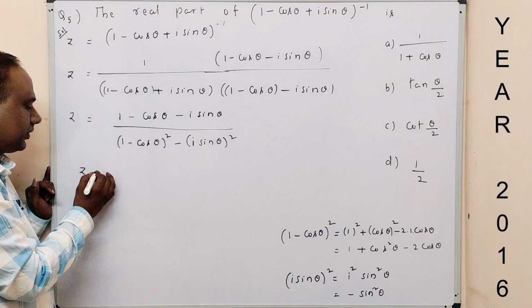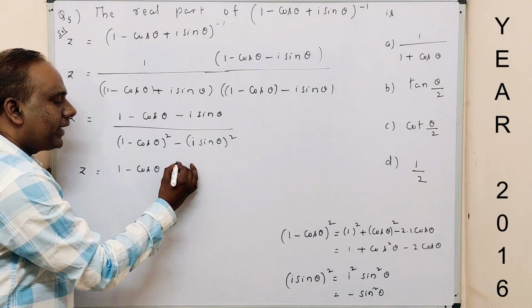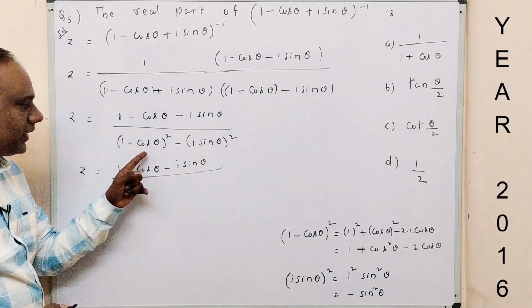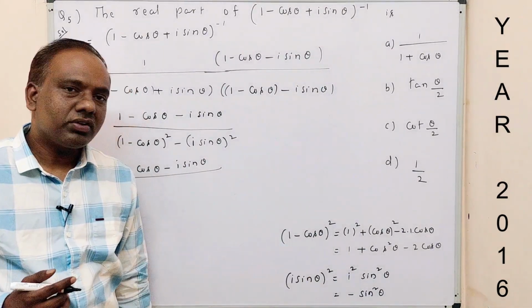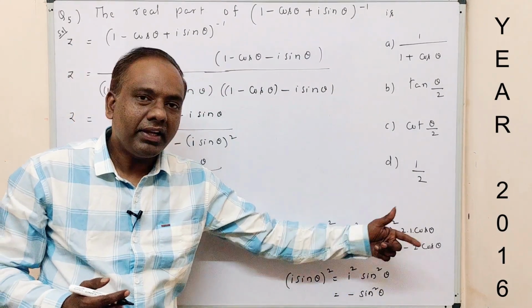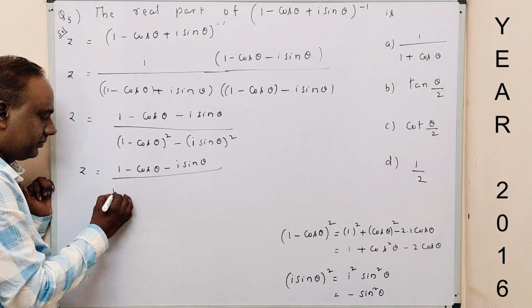Now z is equal to (1 minus cos theta minus I sin theta) by, it is (1 minus cos theta) whole square. So (1 minus cos theta) whole square is equal to 1 plus cos square theta minus 2 cos theta. I write here directly.